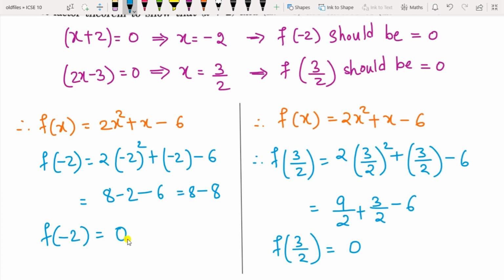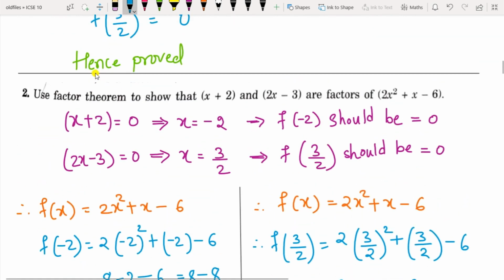That is f of minus 2 equal to 0. Similarly, the second case, x equal to 3 by 2. Substitute x equal to 3 by 2 in the same equation. You get f of 3 by 2 is also equal to 0. And therefore, it proves that these two linear polynomials are factors of the given polynomial f(x).